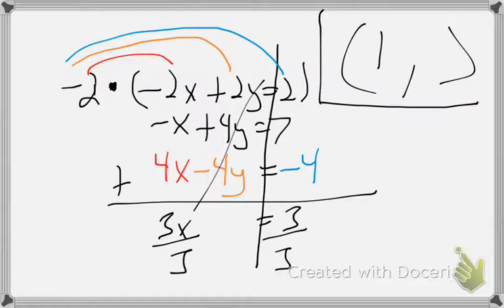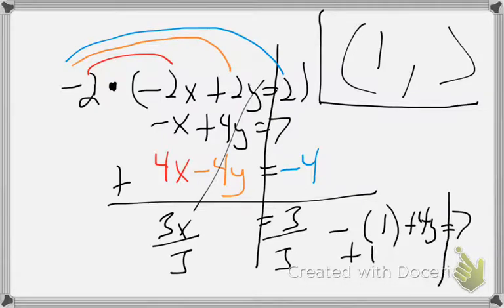Now we're going to plug that 1 back in. We have a choice on that. I am going to choose the bottom equation. They both have a negative, but x is simpler than 2x, so I'm going to replug it into this one. So I've got negative, instead of x, I'm going to write in 1, plus 4y is 7.